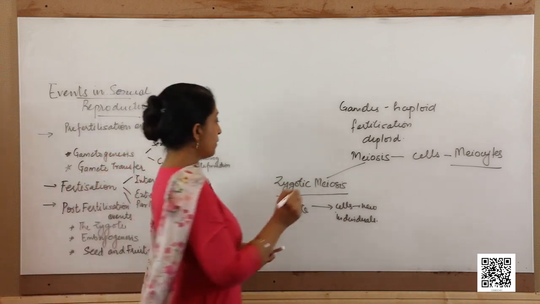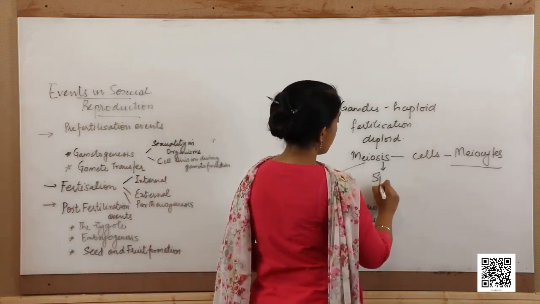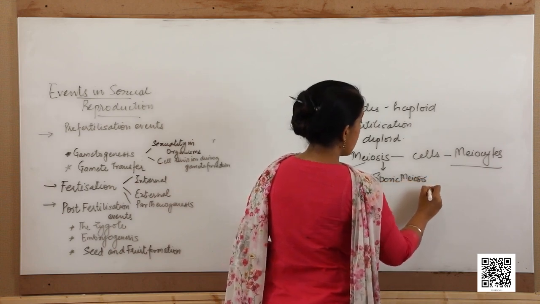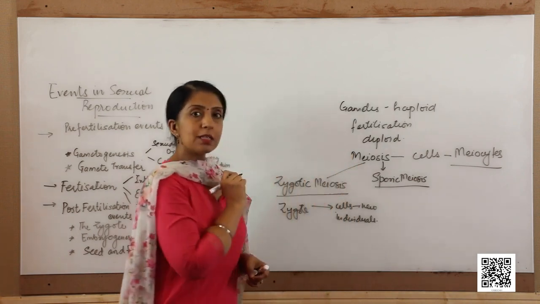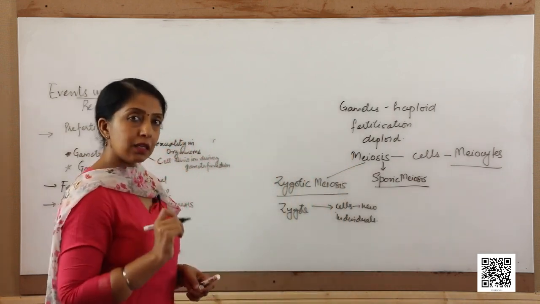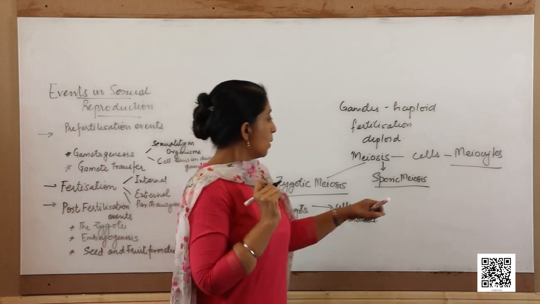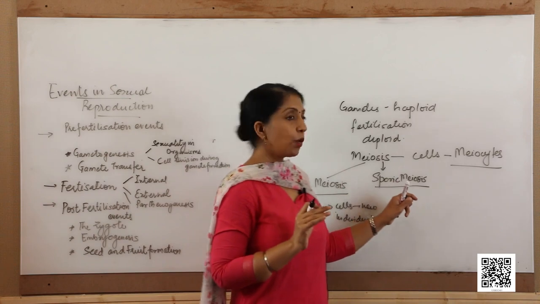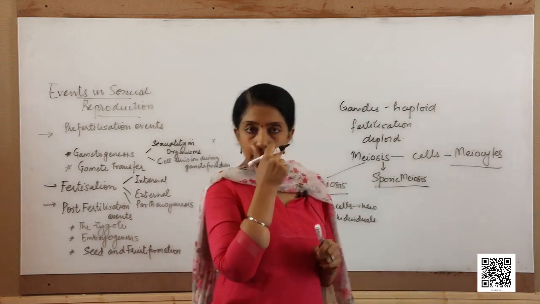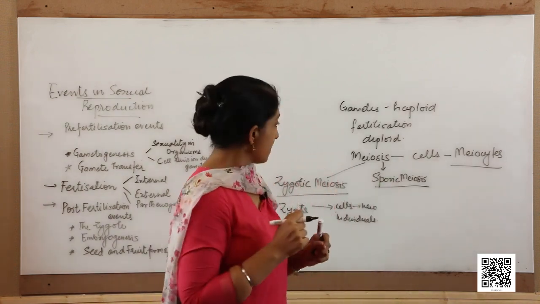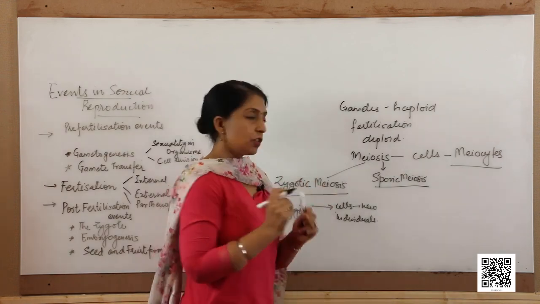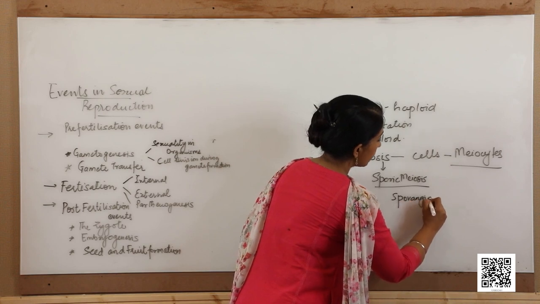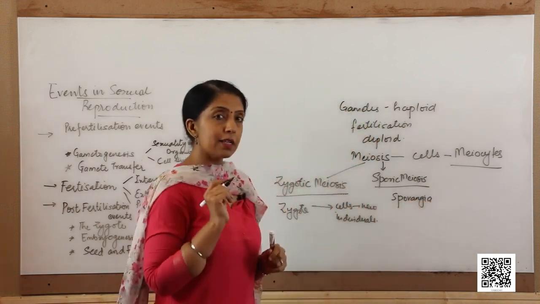The second kind of meiosis is the sporic meiosis. In sporic meiosis, this is usually seen in some of the algae and in the bryophytes, and in most plants rather, many plants have sporic meiosis. What happens in sporic meiosis is that there are specialized structures called sporangia on the body of the organisms.